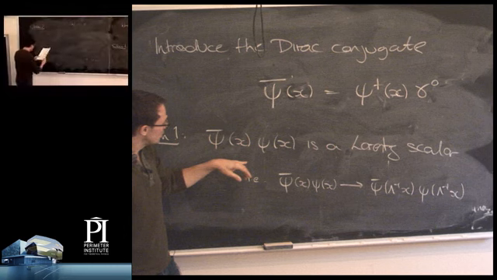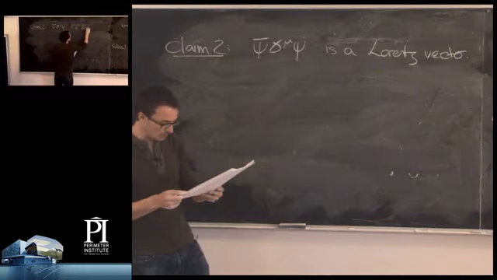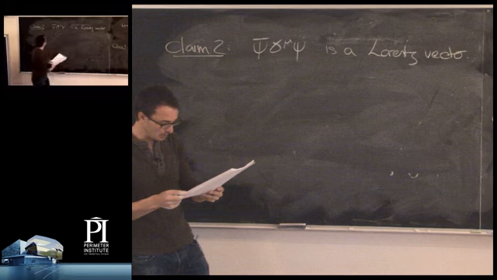Slightly trickier to see, but it's also in the notes, is that this is a Lorentz vector. So what do I mean by this?